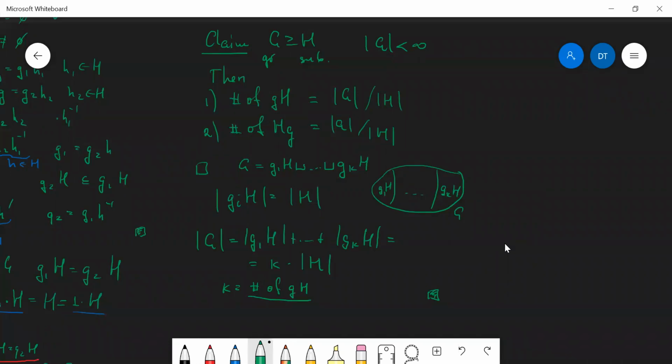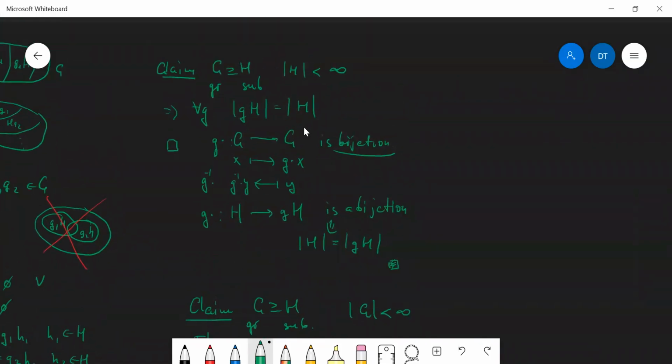But I have another question. Should I go a bit faster, or is the speed okay? And could you tell me, please, where did we prove that the cardinality of the left coset of H is equal to the cardinality of H? Oh, it's this claim. Okay.